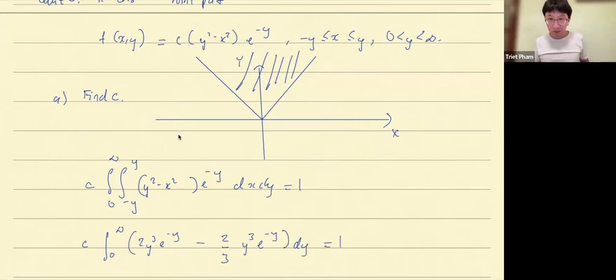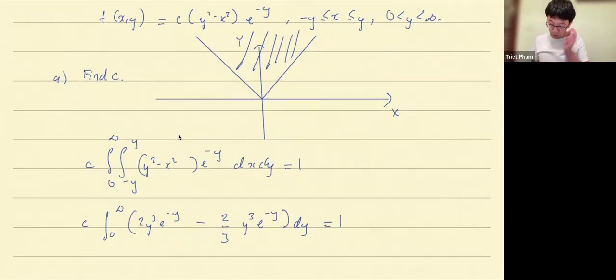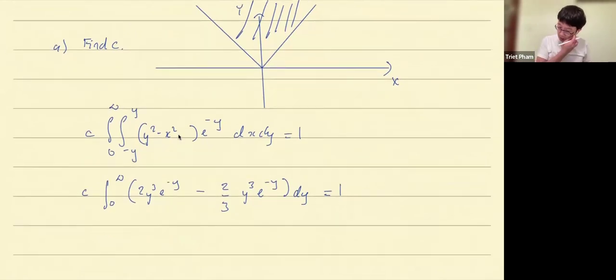Agree? Any question? And so this is 2 minus 2/3, which is 4/3.